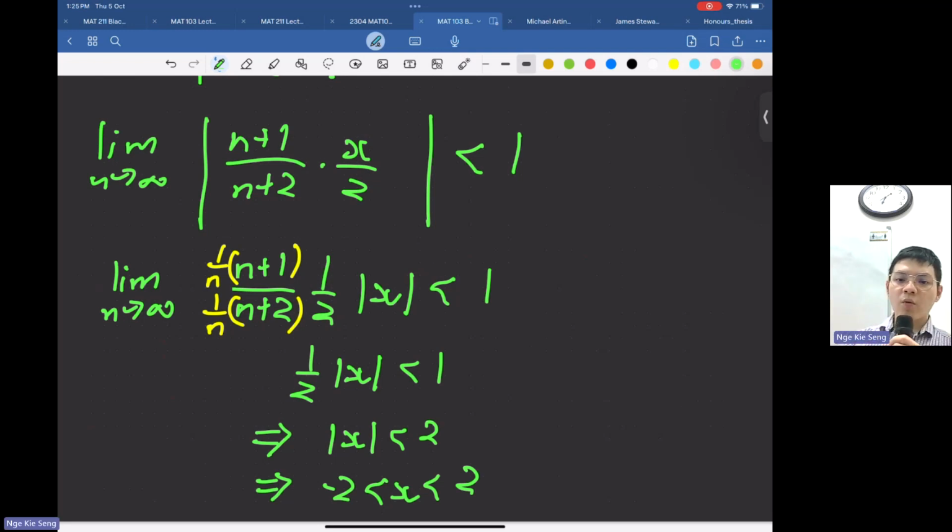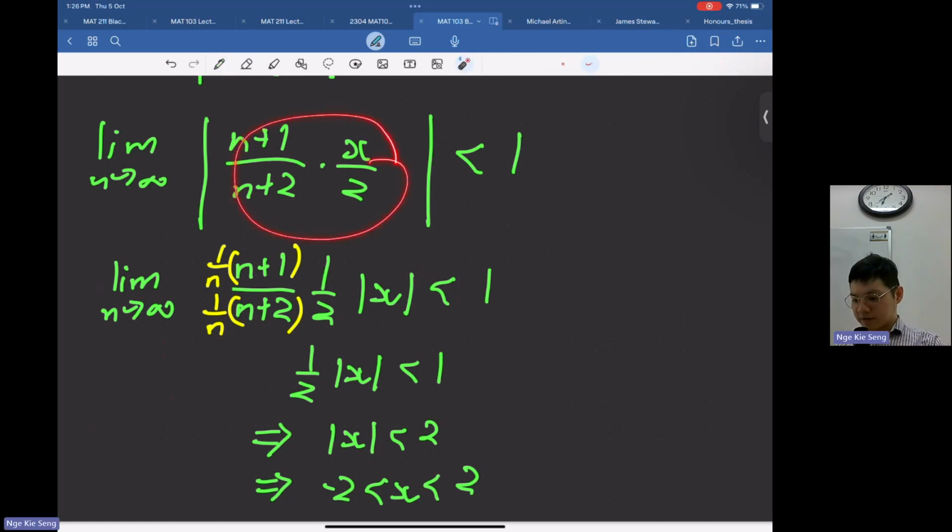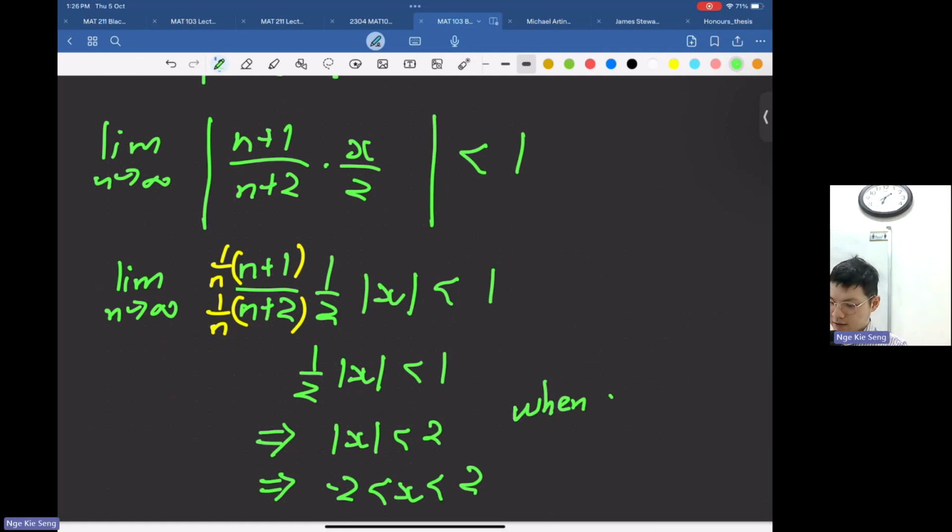So what happens at 2 and -2? If we check when x equals 2 or -2, the limit of a_{n+1} over a_n is equal to 1.